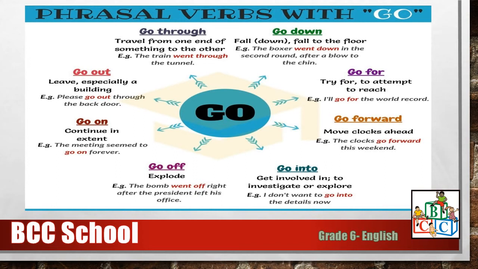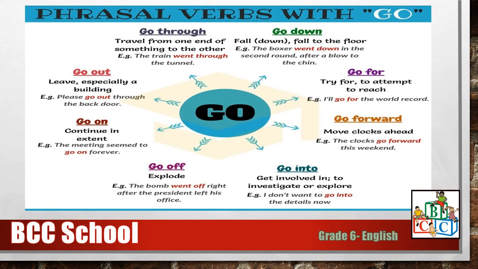For example, as you can see in the chart, go through, which means travel from one end of something to the other. The example is: the train went through the tunnel.